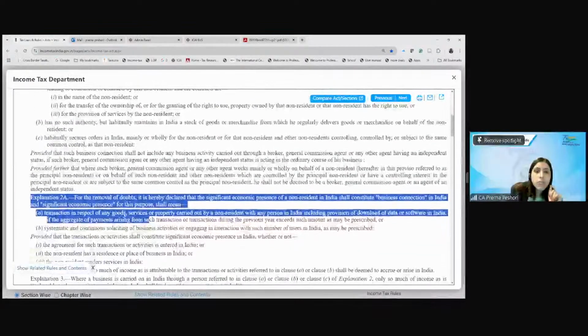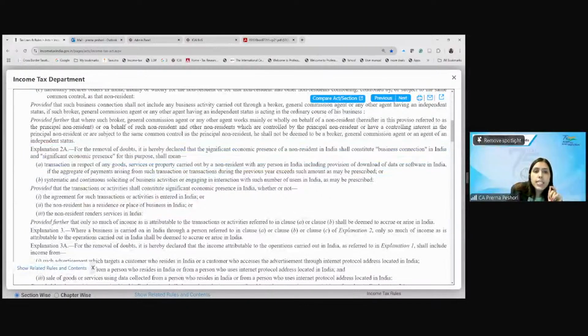Therefore, the Act was then amended, and this introduced the concept of significant economic presence. Explanation 2A says that for the removal of doubts, it is hereby declared that the significant economic presence of a non-resident in India shall constitute business connection in India.